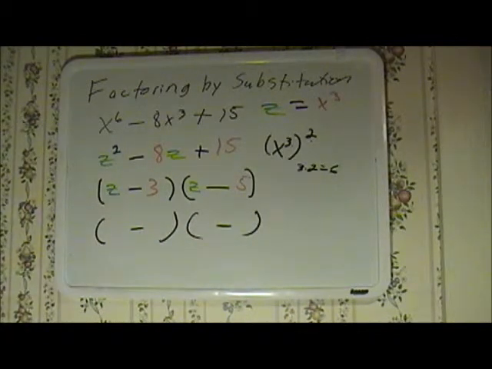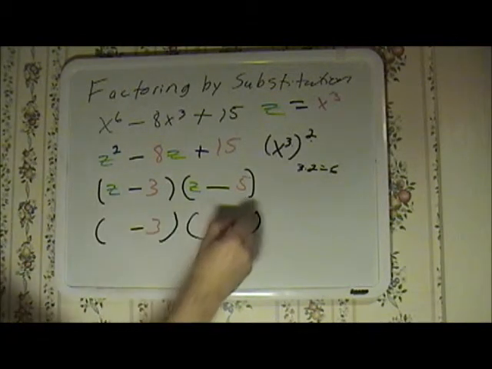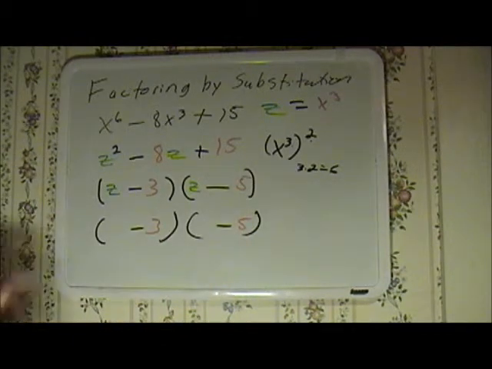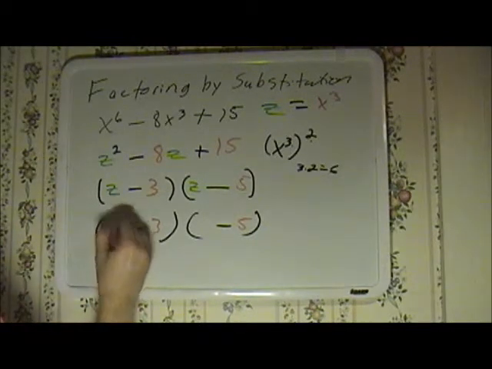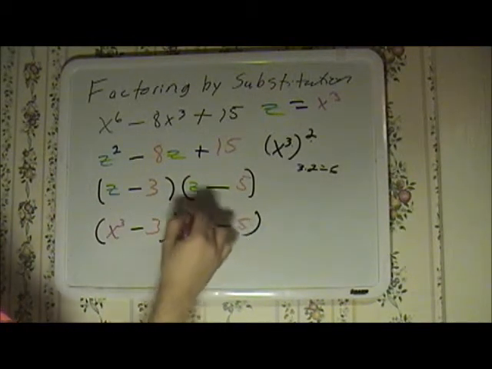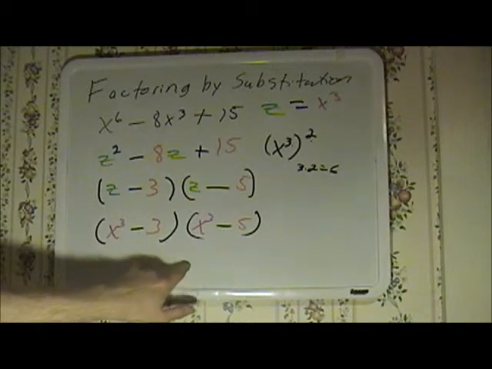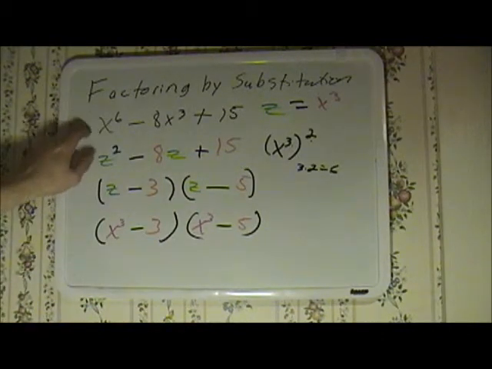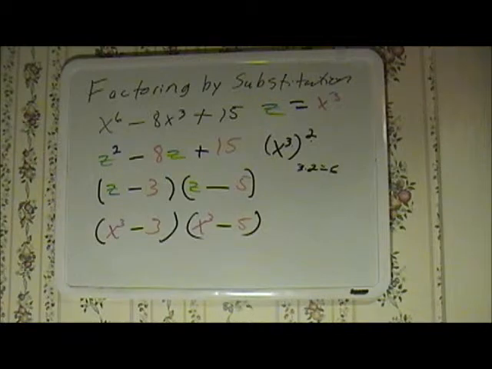We know that our constants are going to be the same, our 3 and our 5. All we have to change is our z back to an x cubed. So this has a z, that's an x cubed. We've got a z, this has an x cubed. Now, if you FOIL this out, you should get this number up here. I'm going to leave that for y'all to do, but I FOILed it out earlier. I promise it does come out with this number.